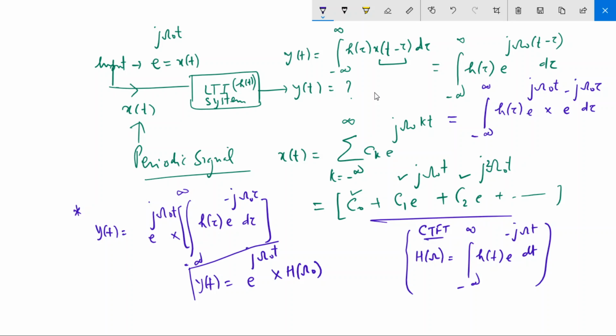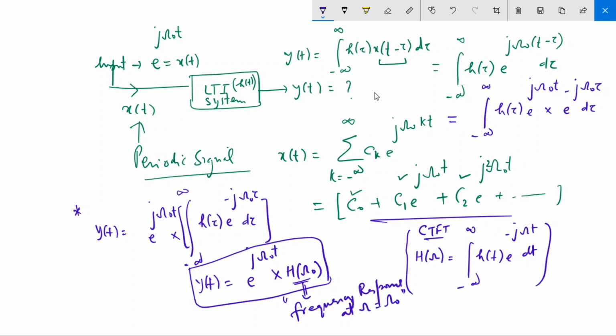This Fourier transform of the impulse response is also called the frequency response, at the frequency ω = ω0.